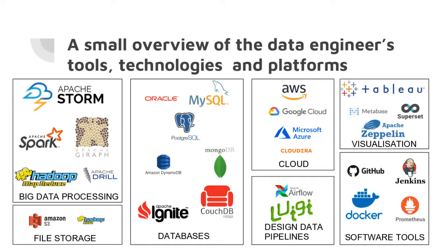Then you have distributed file storage, where Amazon S3 is one popular product and Hadoop is another. You have your cloud vendors: AWS, Google Cloud, Microsoft Azure. These provide the hardware in essence. In the past, if you wanted to have a website or something like that, you would have to buy your computer and network equipment and install it in the office.